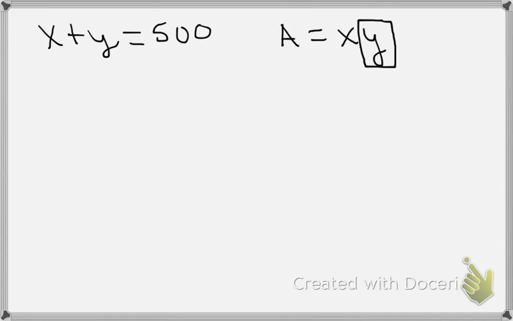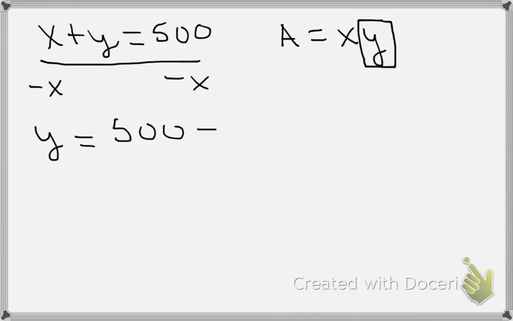So we'll use this equation, x plus y equals 500, to solve for y, and then we can replace the y's because it will be in terms of x. So if we just rearrange, subtracting x from both sides, we get that y is equal to 500 minus x. So that means that the length of the rectangle, y, is equal to 500 minus x.